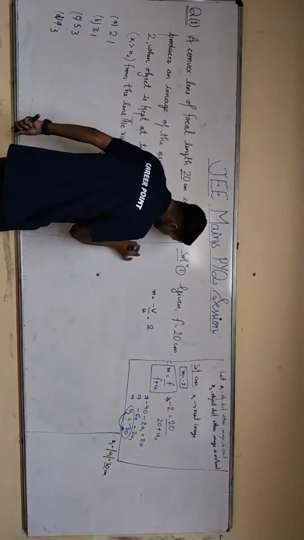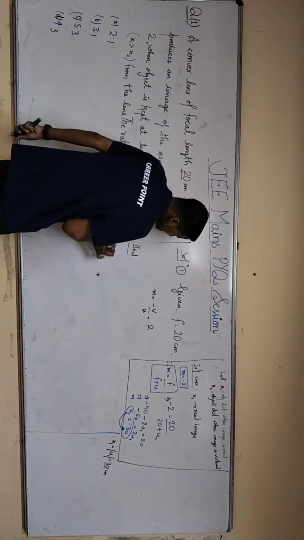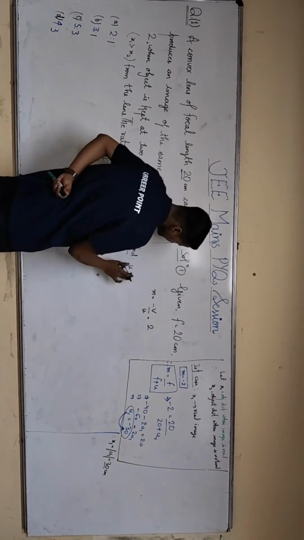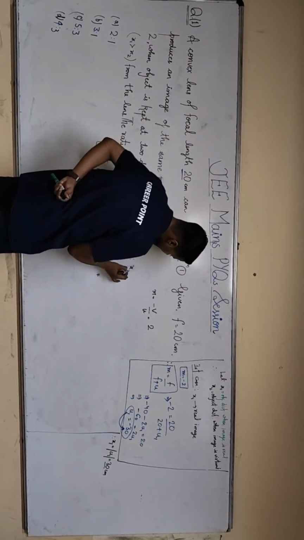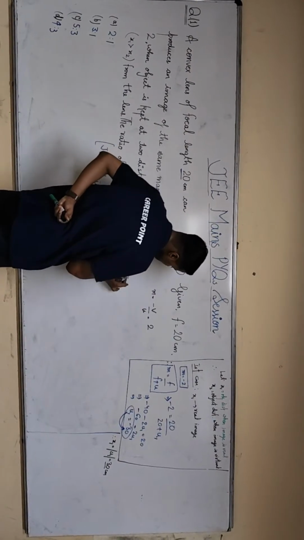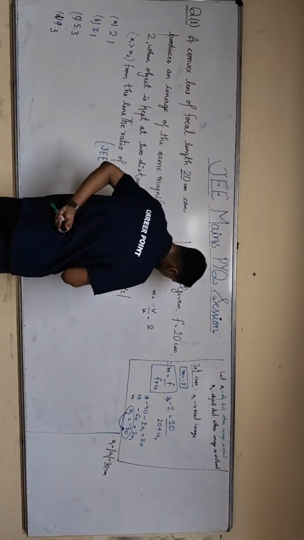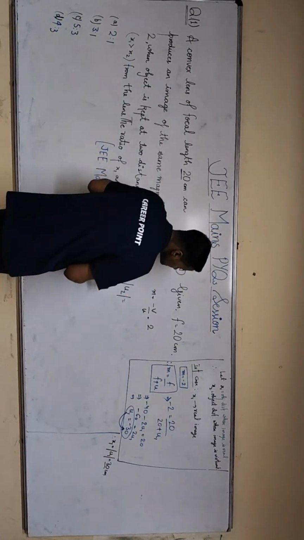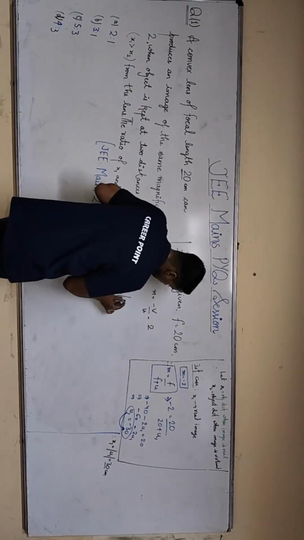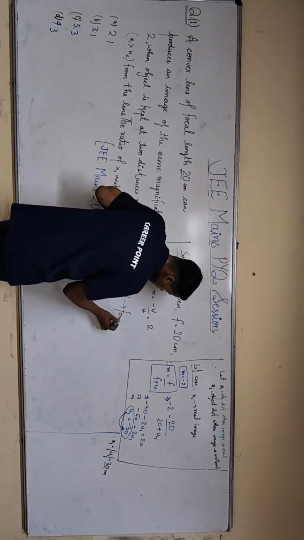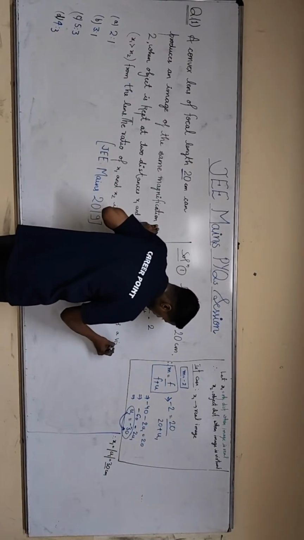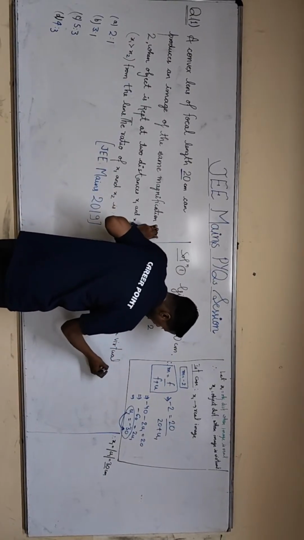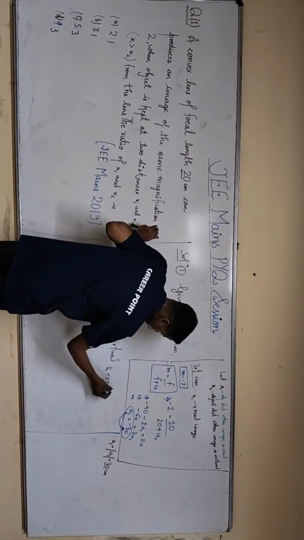So in the second case, x2 is nothing but the mod of u2, and x2 is the object distance when it forms a virtual and erect image.